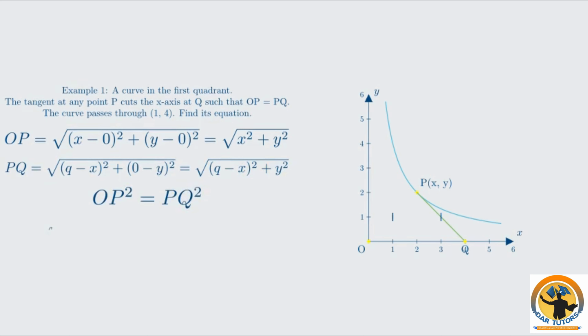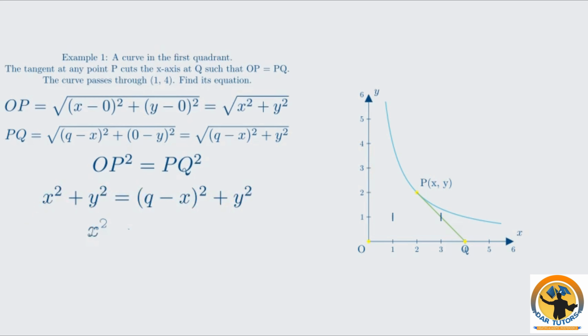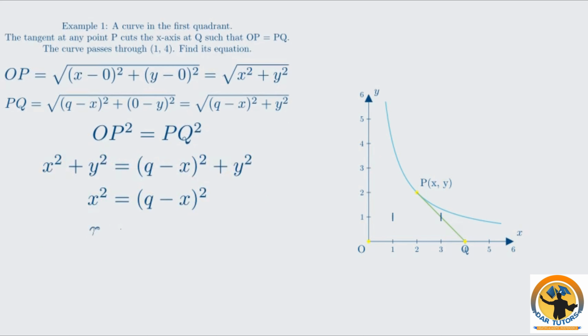Since OP equals PQ, their squares must also be equal. This gives us x squared plus y squared equals (q minus x) squared plus y squared. The y squared terms cancel out, leaving us with x squared equals (q minus x) squared. Taking the square root of both sides, we get x equals plus or minus (q minus x).